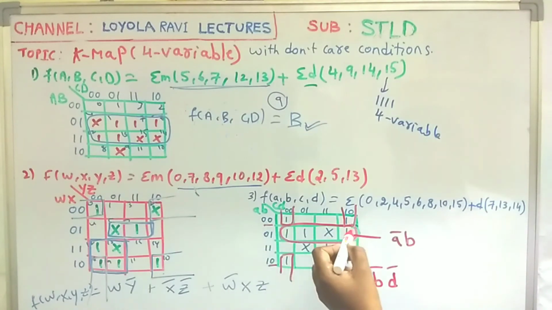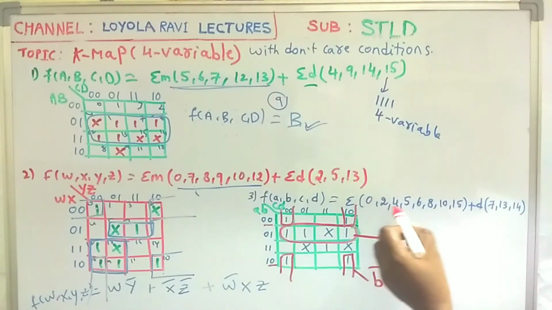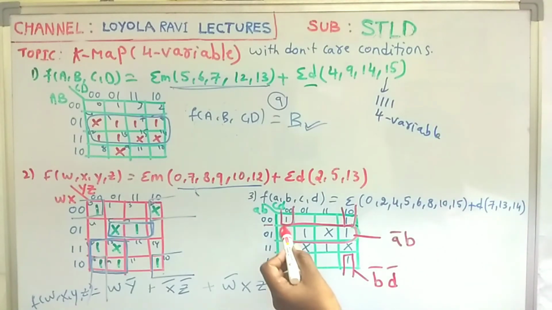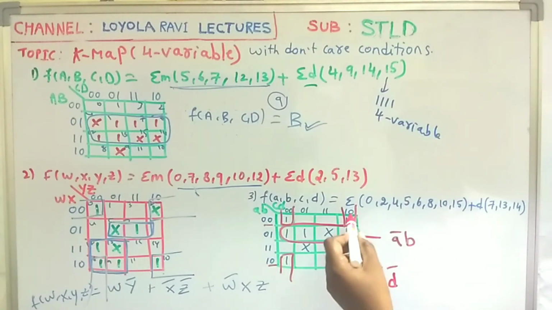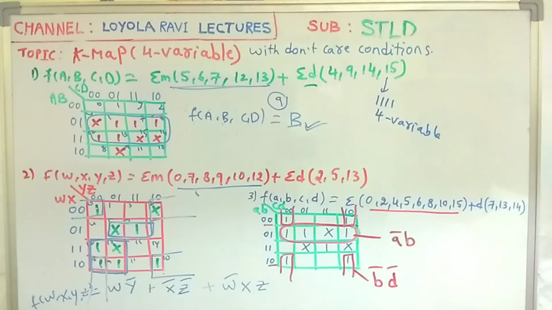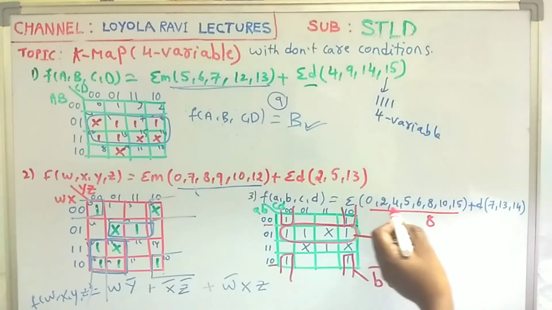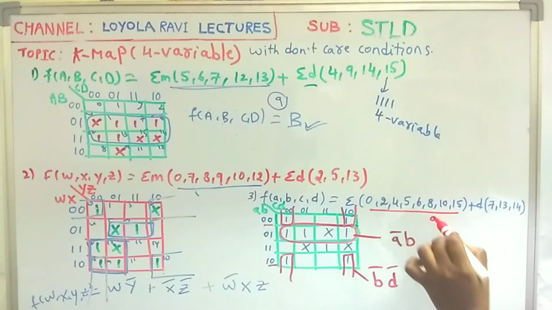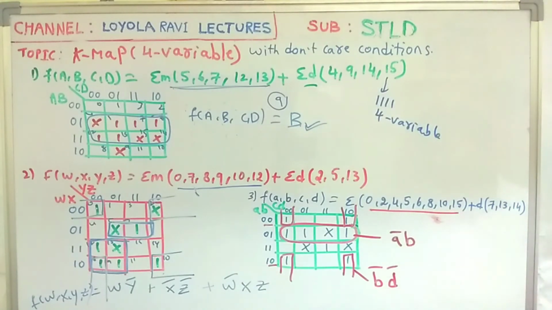1 2 3 4 5 6 7, 7 ones covered. Only one term is left out of 8. Out of all min terms we have only one term left that we have to cover here.